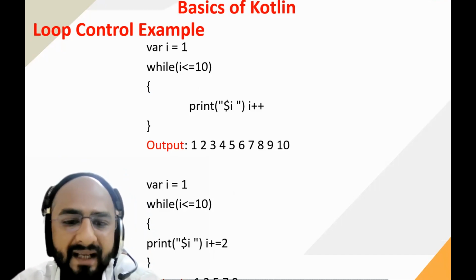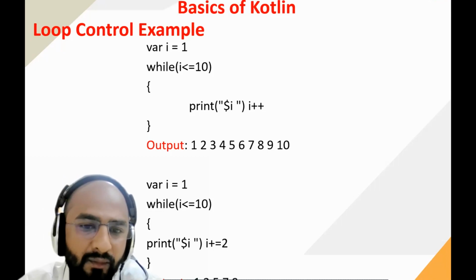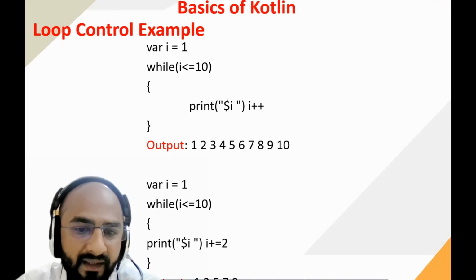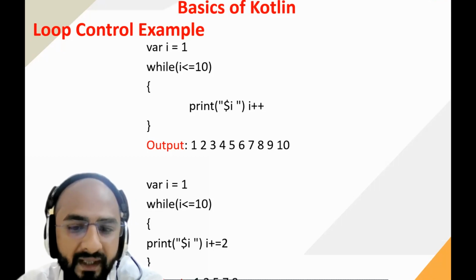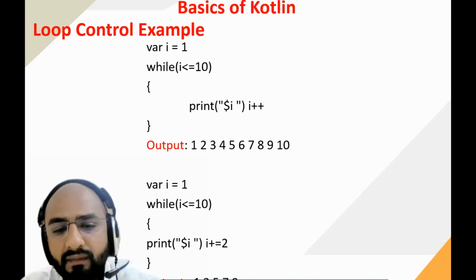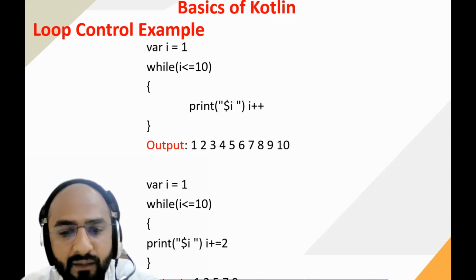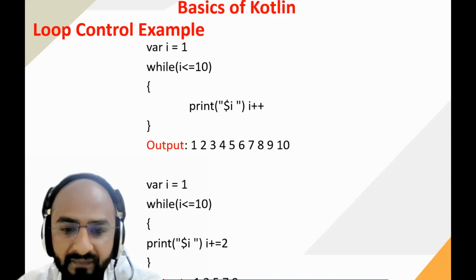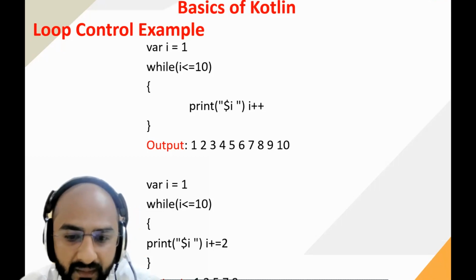Right? So you can see it like that also. In the next one, I have created a variable i equal to 1, while i less than or equal to 10. And in the while loop, I am printing the value of i. And then I am increasing the i value by plus equal to 2. Right? So this will be the output 1, 3, 5, 7, 9.